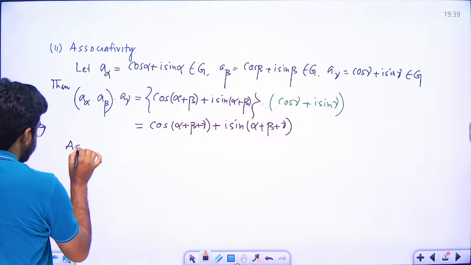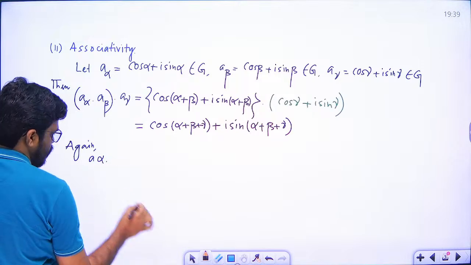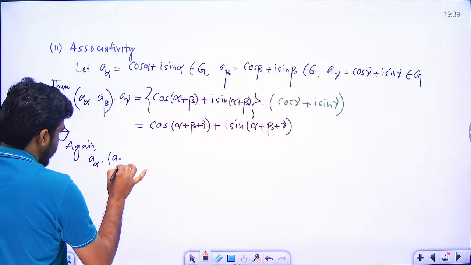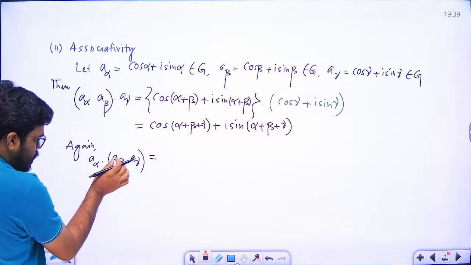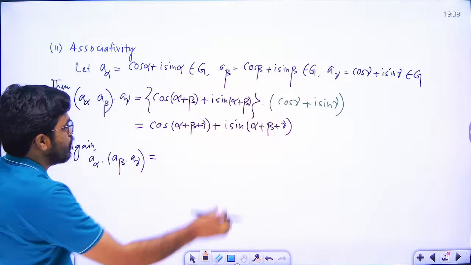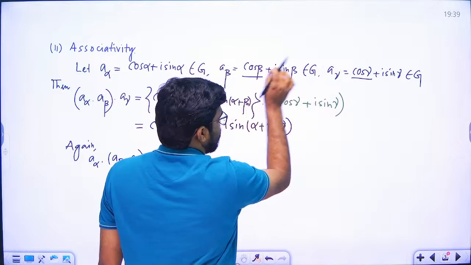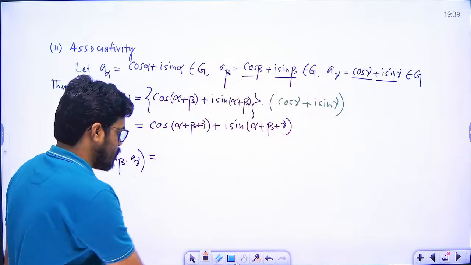Again, A alpha dot A beta dot A gamma. So first we multiply A beta into A gamma. So A beta dot A gamma, what do we get? Cos beta plus gamma plus I sin beta plus gamma, right?